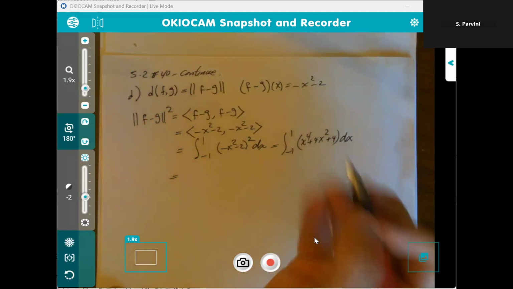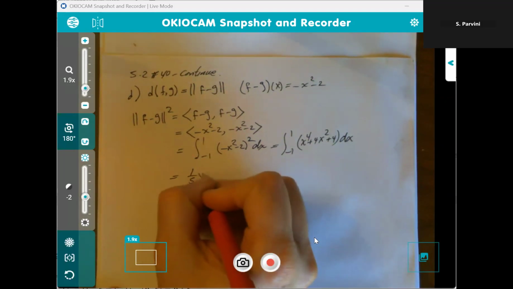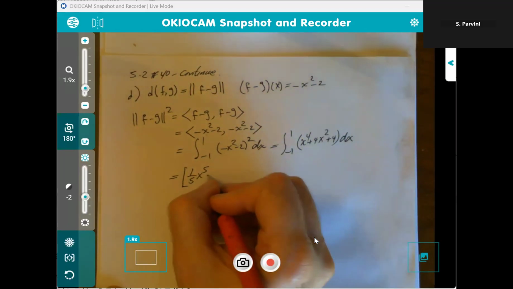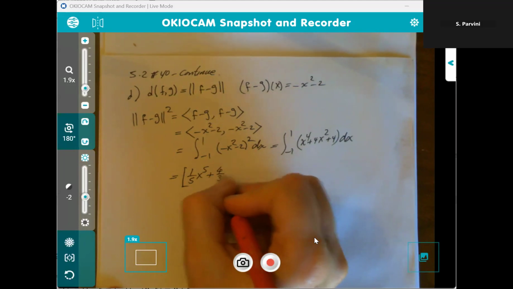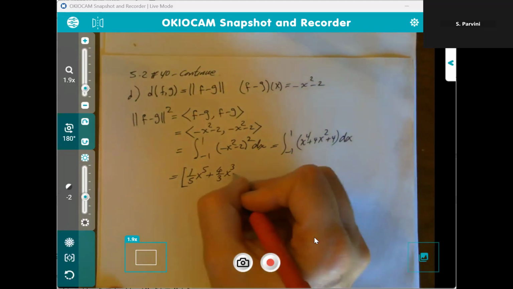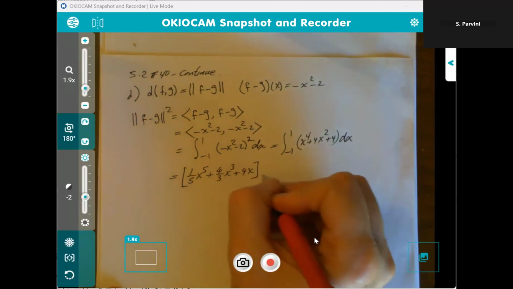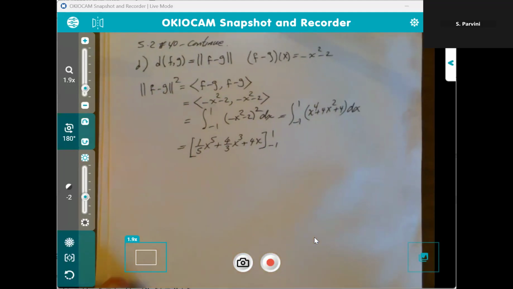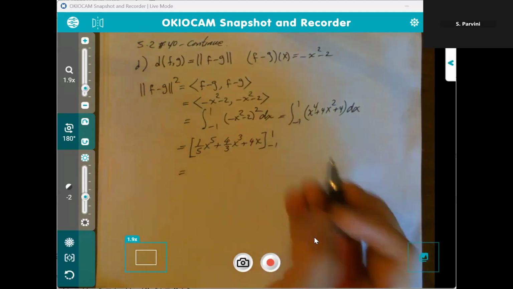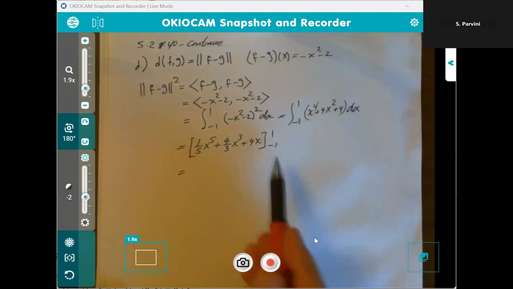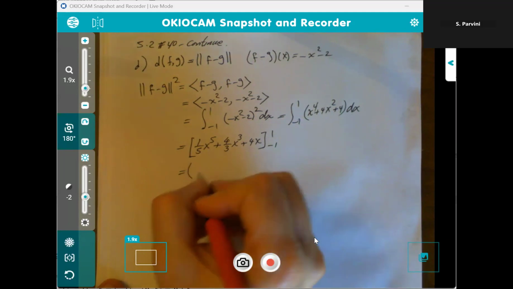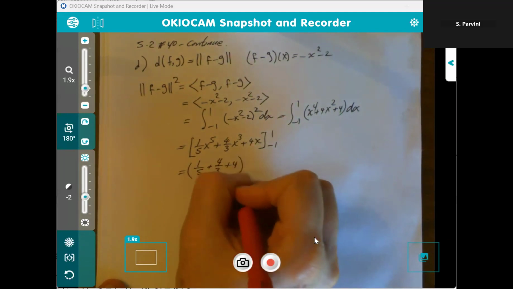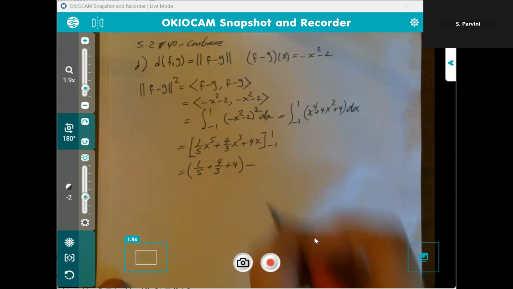And then you integrate these: 1/5 x to the fifth plus 4/3 x cubed plus 4x, evaluated from negative 1 to 1. Then we do the fundamental theorem, upper minus lower limit. The upper limit is 1/5, 4/3 plus 4, minus the lower limit.